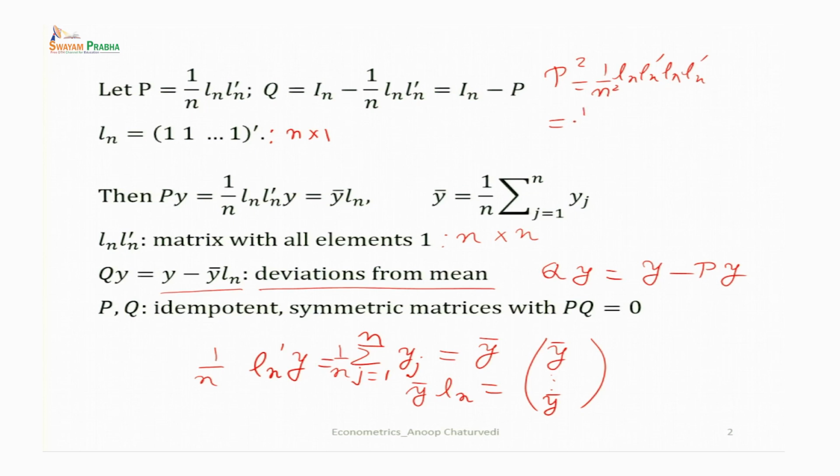So, you get 1 upon n square into n l n l n transpose, or 1 upon n l n l n transpose, which is equal to P. So, P square is equal to P. Similarly, you can verify that Q square is equal to Q and P Q is equal to 0. This also you can easily verify.